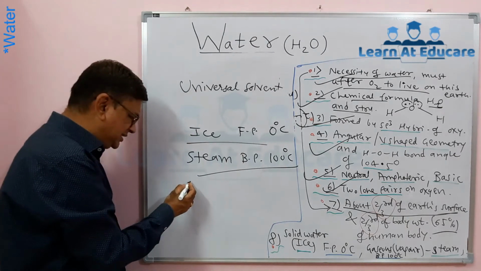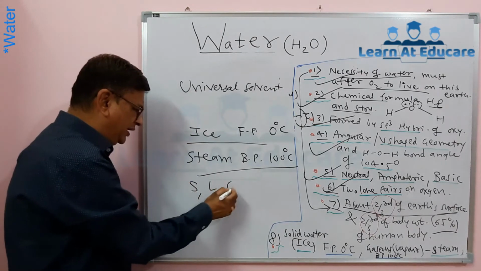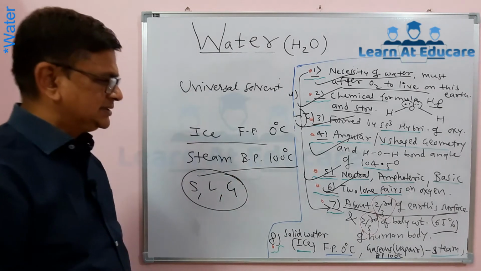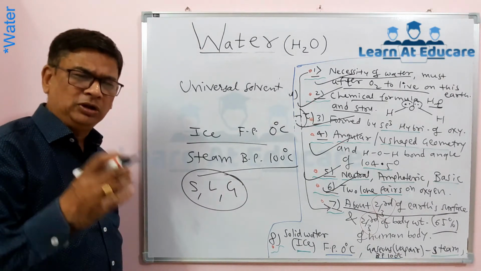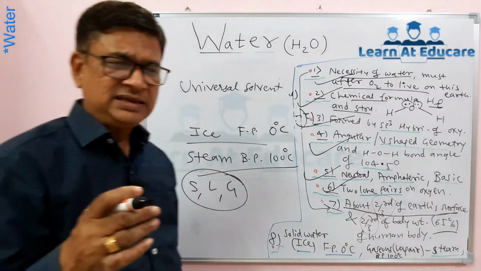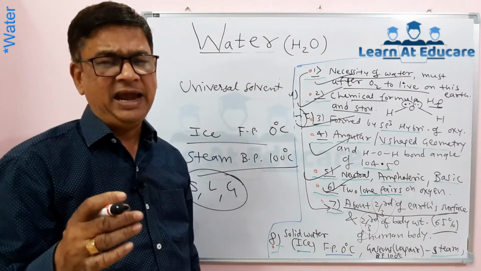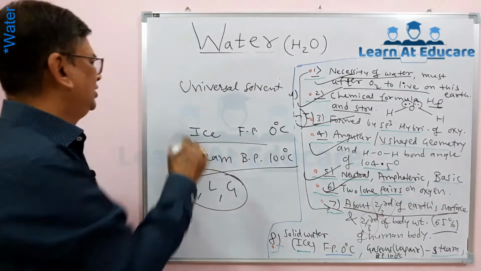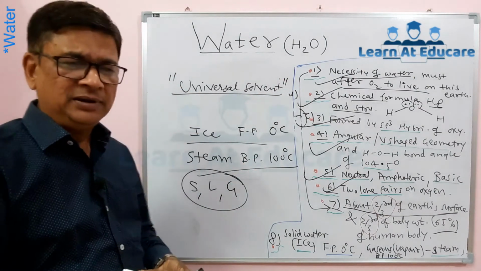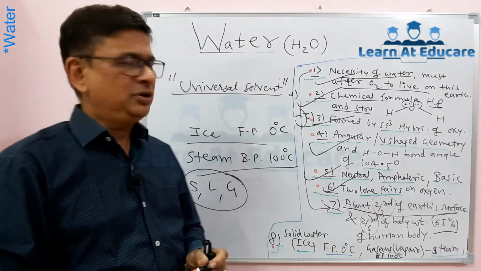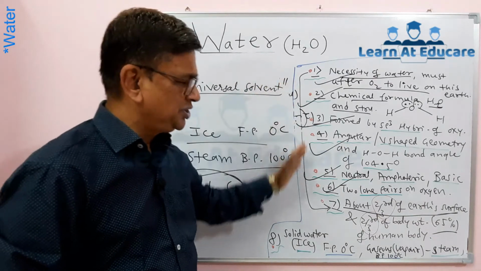So water exists as solid, liquid as well as in the gaseous form, and because of its nature to dissolve most of the crystalline substances, it is what is known as the universal solvent. So that is the brief information about water, its chemical information given here.